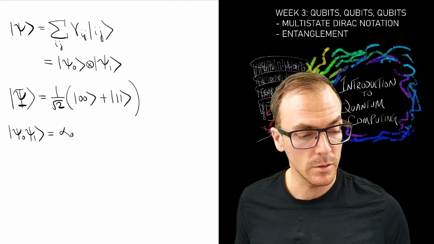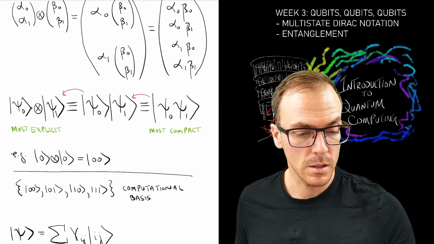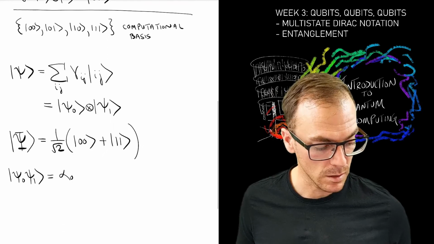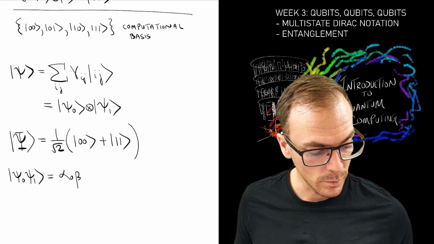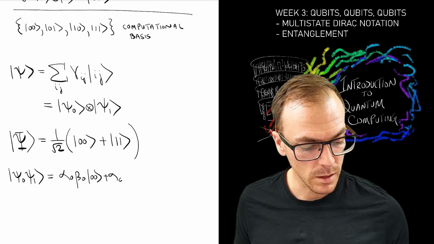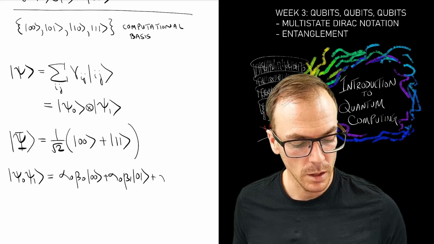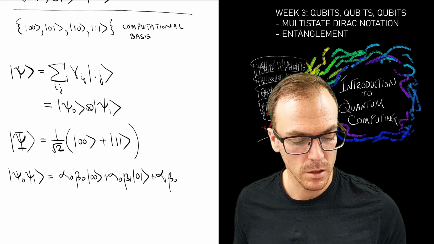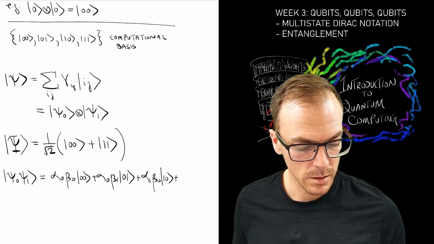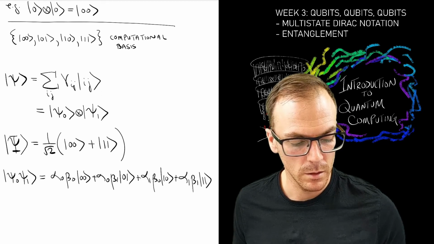But if we look above, you can see that it's alpha 0 beta 0, alpha 0 beta 1, etc., etc. Alpha 0 beta 0 |00> plus alpha 0 beta 1 |01> plus alpha 1 beta 0 |10> plus alpha 1 beta 1 |11>.